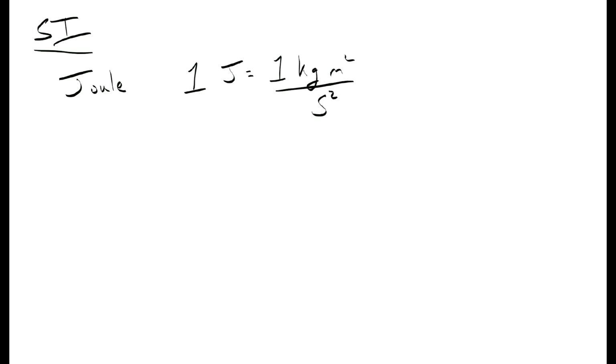So instead, let's talk about it as equaling 1 Newton meter. Remember, whether you remember or not, a Newton is kilograms meters per second squared, or mass times acceleration. So Newton is a measure of force. It's the amount of force necessary to accelerate a particular object.